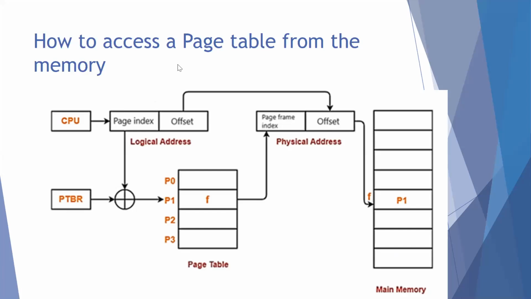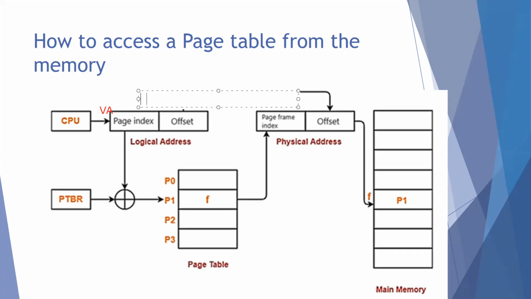Now see, the address which has come from the processor is a virtual address. A virtual address gets broken into a page index and the offset, or we can call it the virtual page number and the offset.